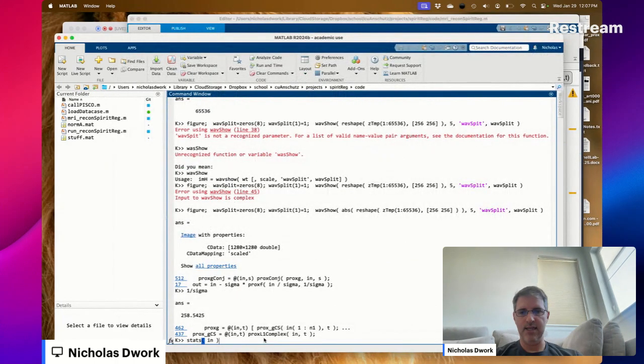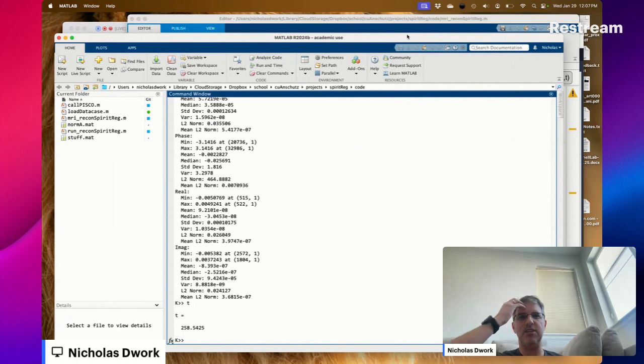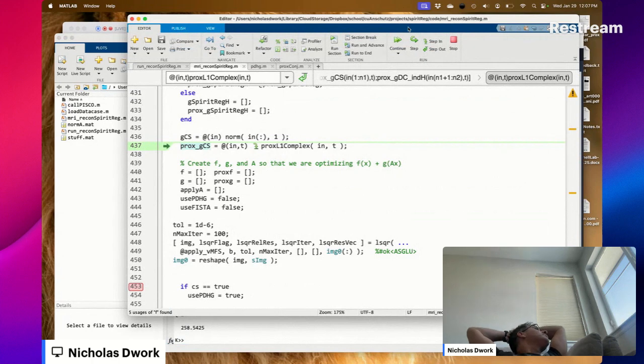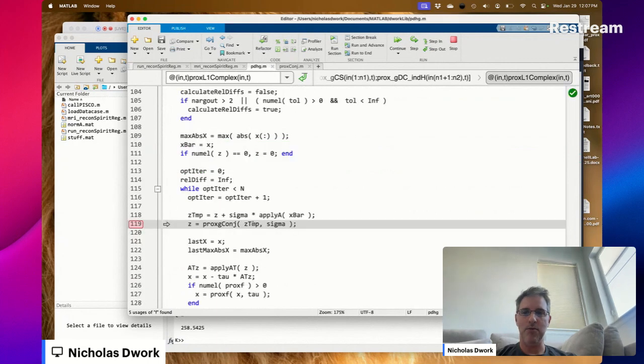Stats in, these are like down at 1 times 10 to the negative 3, and T is 258. And I think that's a problem. Do you guys think that's a problem? No wonder the L1 norm isn't doing anything.